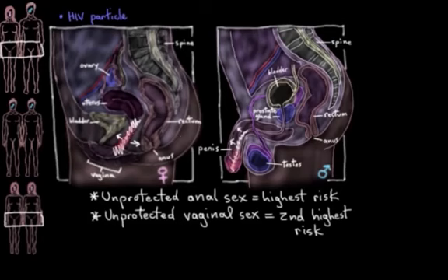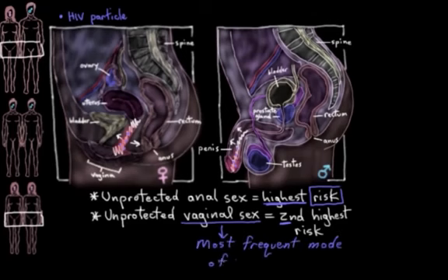So there can be some blood involved as well, of course, containing the HIV. And just so that I'm perfectly clear here, anal sex, I said, had the highest risk of transmission, and vaginal sex the second highest risk. But vaginal sex is the way HIV is transmitted most frequently overall, because overall, more people have vaginal sex over anal sex.